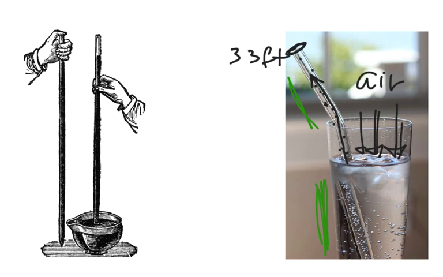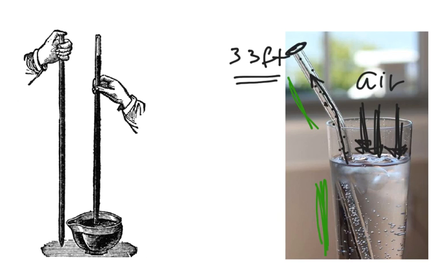The reason is that a 33-foot column of water has the same weight as a column of air all the way to the edge of the atmosphere. So the air can only push enough to hold up a column of water 33 feet. That would make a good pressure measurement.